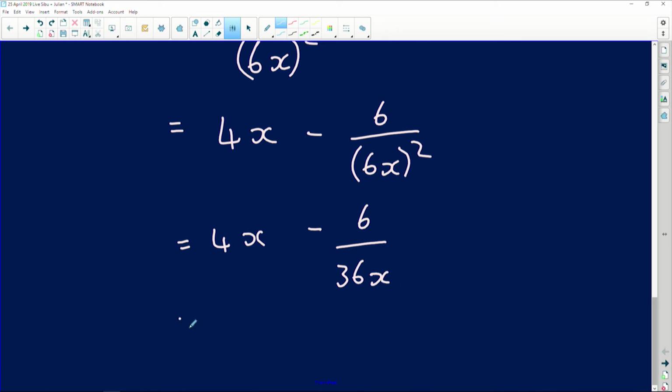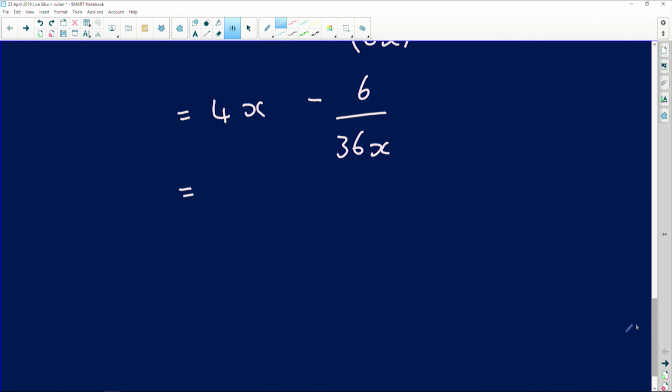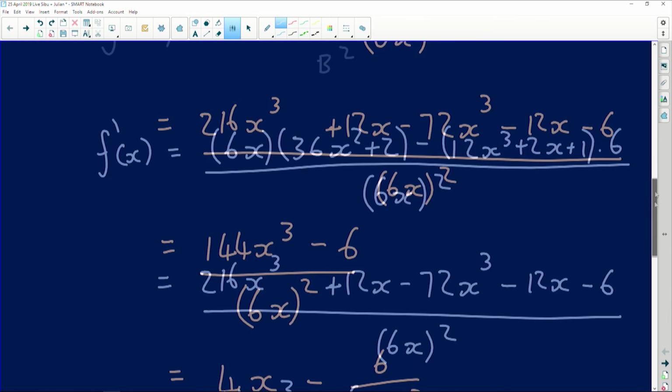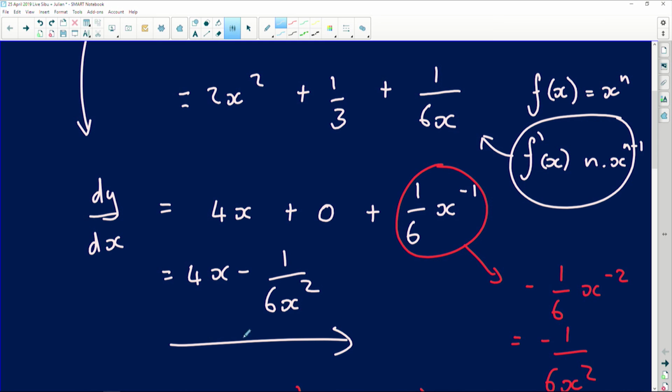We can simplify that one more time. And we have 4x minus 1 over 6x, and so this was squared, so it's going to be squared then again. Okay guys, so you can see that it gets me the same answer that it did when I did the shorter way.